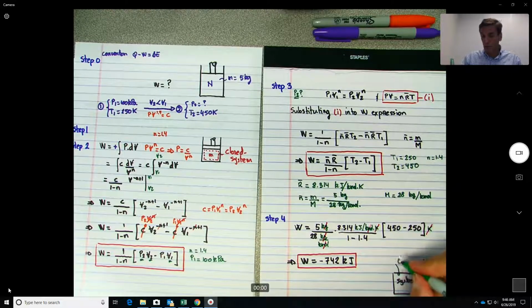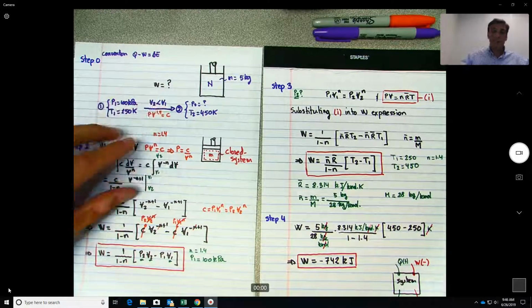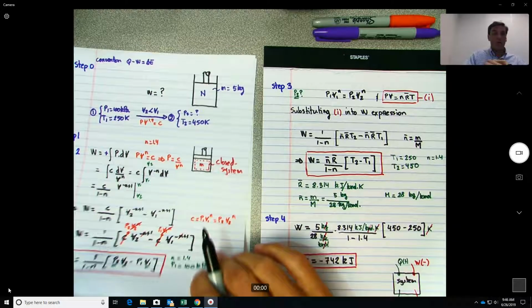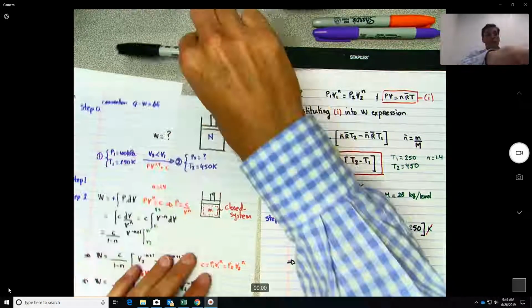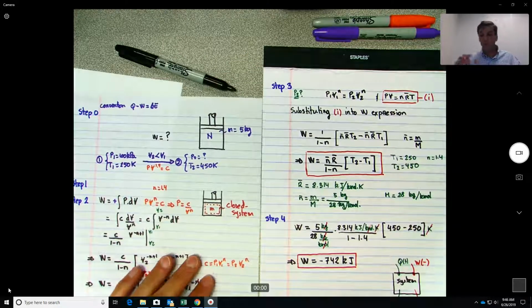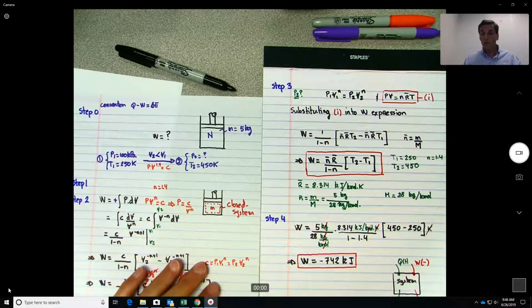So if you remember, this will be positive, this will be negative. So basically, if the value is negative, that means that it's work done on the system. And that makes sense, because if you want to compress your gas over here, what you need to do is to push on the piston. So that means you need to apply work on the system.